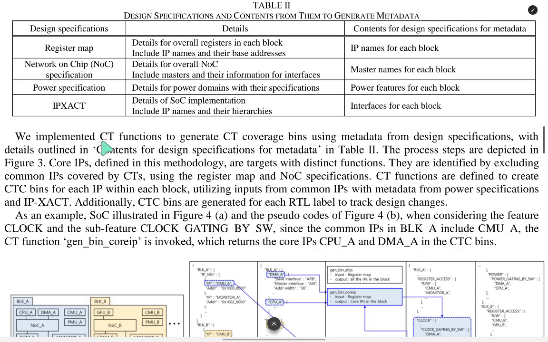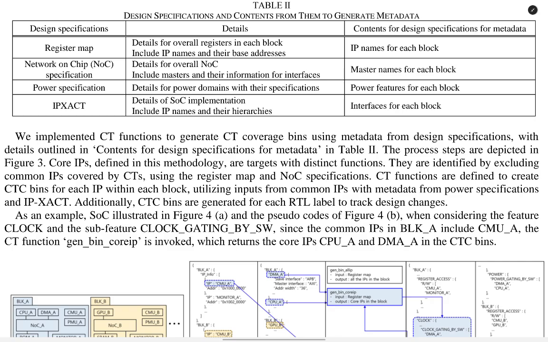And we implemented CT functions to generate the CT coverage bins using metadata from the design specifications, with details outlined in the content for design specification for metadata in Table 2. The process steps are depicted in Figure 3. So the core IPs defined in this methodology are targeted with distinct functions. They are identified by excluding common IPs covered by CTs using register map and NOC specifications.